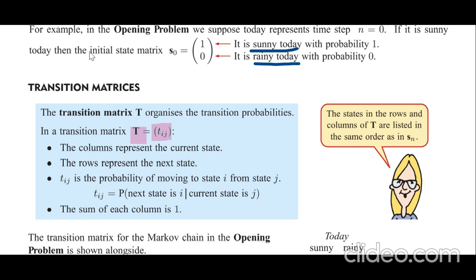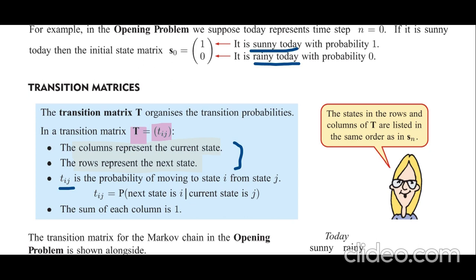So we'll see what this actually means right now. The columns represent the current state and the rows represent the next state. We'll discuss this in a second, but before that, let's see what t_ij is so that you get clear with that particular point first. So i represents the next state and the current state is j.